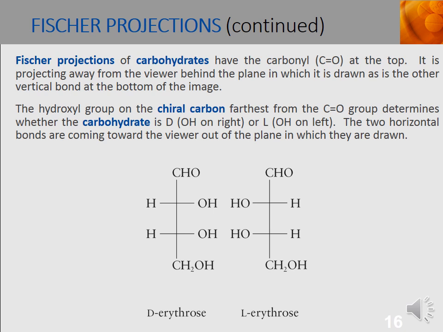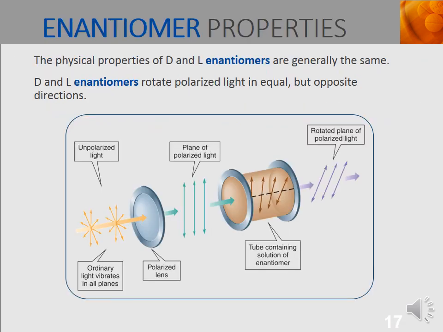These terms are conventional, not experimental. D-erythrose means the OH group is on the right side, and L-erythrose means the OH group is on the left-hand side of the chiral carbon.